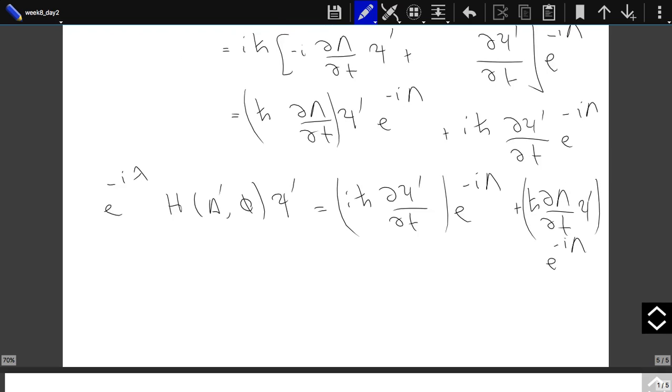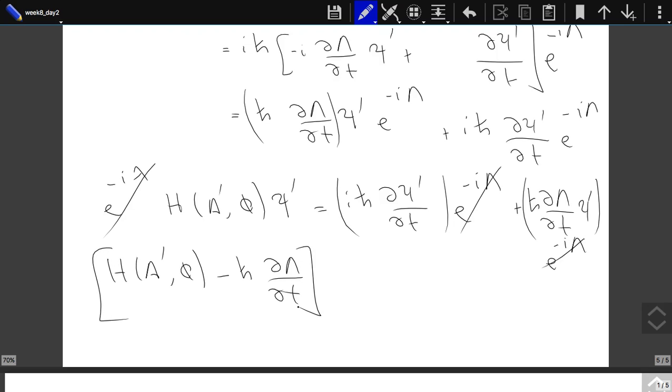Okay, these exponents are the same everywhere, so I can just cancel them. So we have h A prime phi minus h bar del lambda by del t times psi prime is equal to I h bar del psi prime by del t.